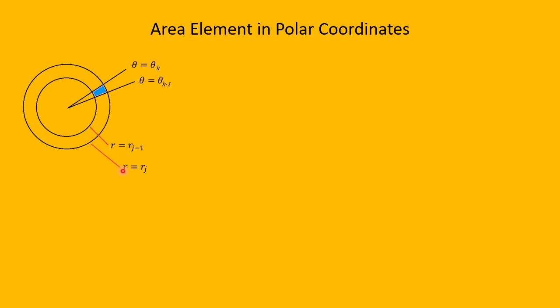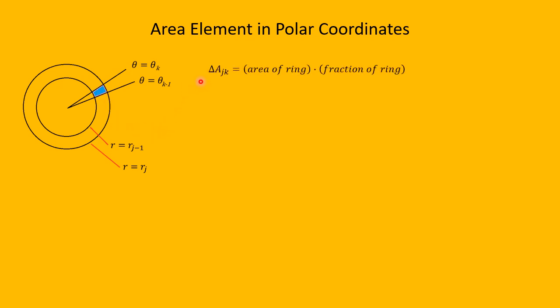This outer circle, r equals r sub j. We have two rays coming out, theta equals theta sub k minus 1, and theta equals theta sub k. There's a region between those two circles and those two rays, colored in blue here. What is the area of this blue subregion?